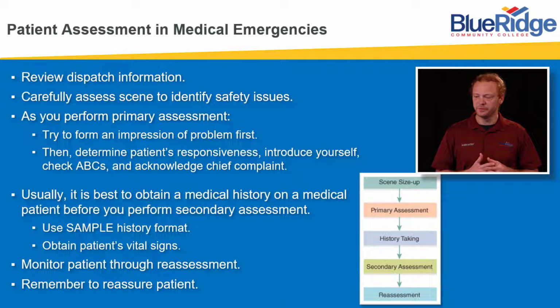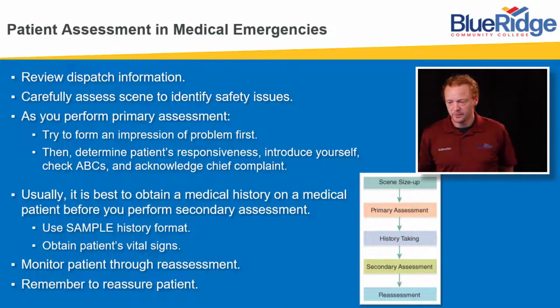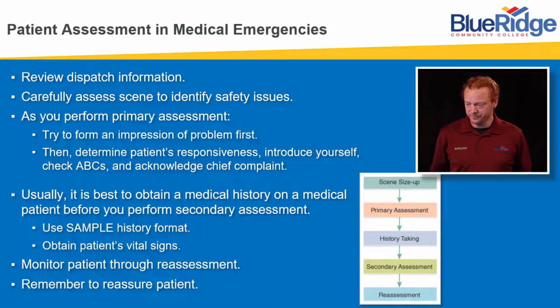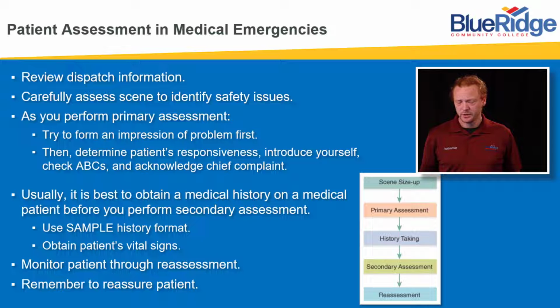Usually it is best to obtain a medical history on a medical patient before you perform your secondary assessment, performing your SAMPLE history information. Using that format, you can use that with the patient directly or family members, bystanders, to try to start putting the pieces of the puzzle together.